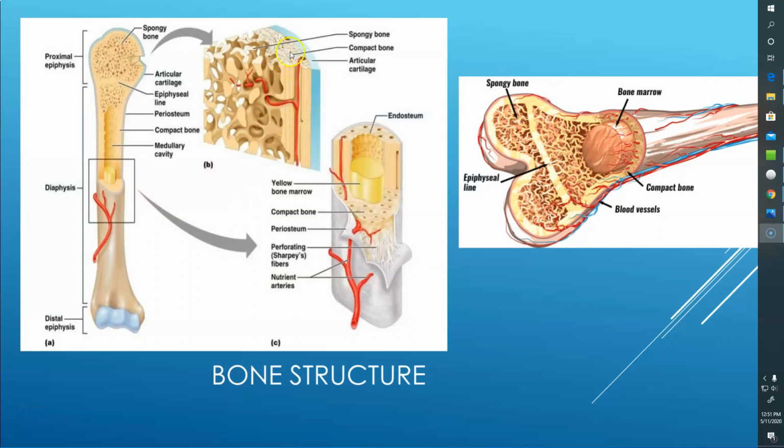Then inside the compact bone, you have a layer of what's called spongy bone, which implies that it is soft, but in fact it actually allows the bone to be a lot sturdier.